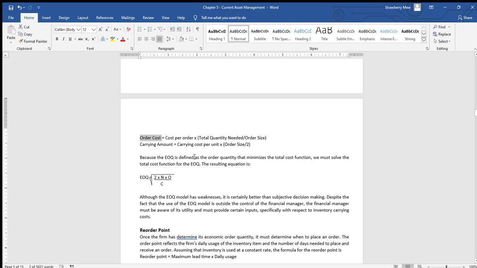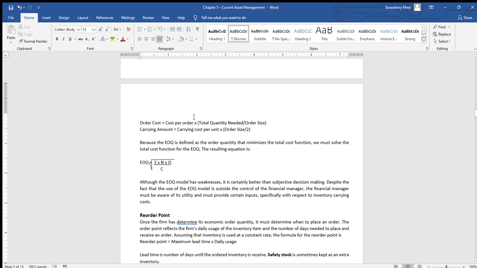So ganun lang 'yon. So because the EOQ is defined as the order quantity that minimizes the total cost function, we must solve the total cost function for the EOQ. The resulting equation is, so EOQ is equal to the square root of 2 times n, or yung n, ito yung total quantity needed, which is here. Okay?